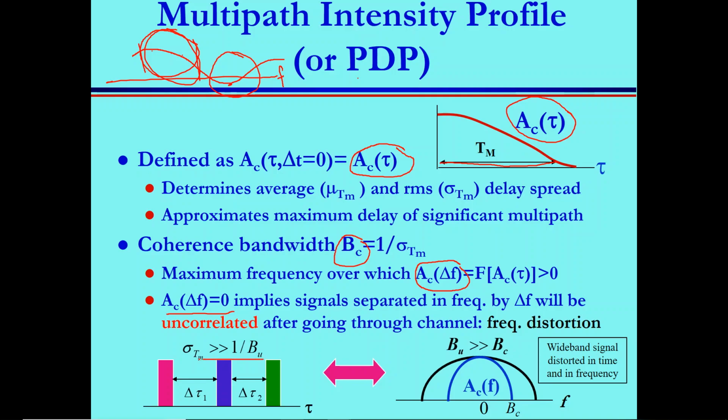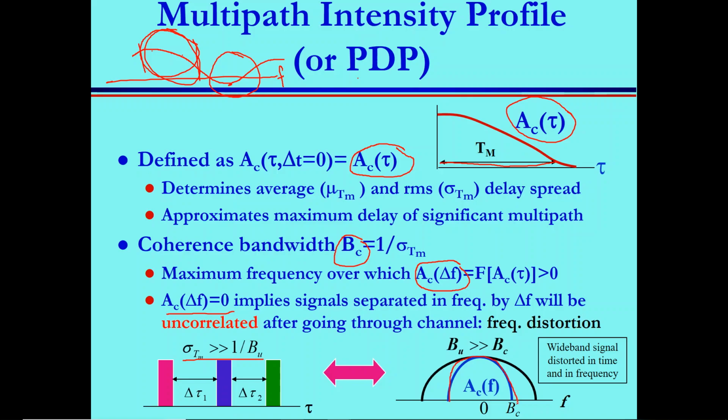We know this. The delay spread is greater than your symbol duration. You get delay spread when the duration of your signal is greater than 1 over the bandwidth. And here you have the ACF.